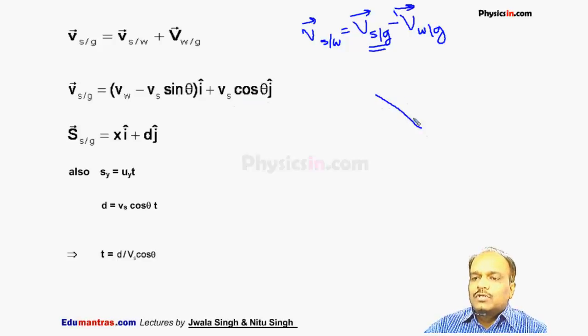This is the velocity of swimmer with respect to water and this is the velocity of water with respect to ground.